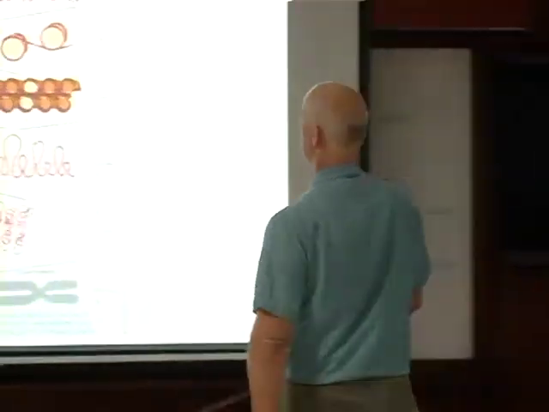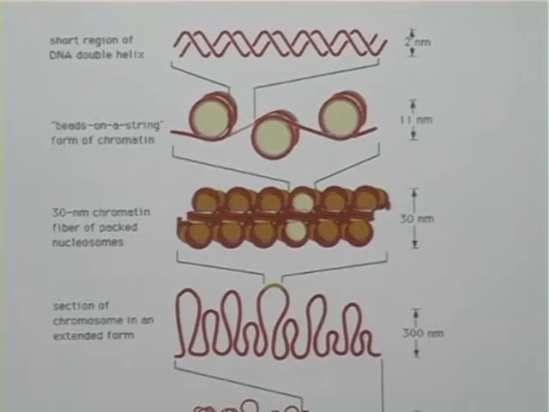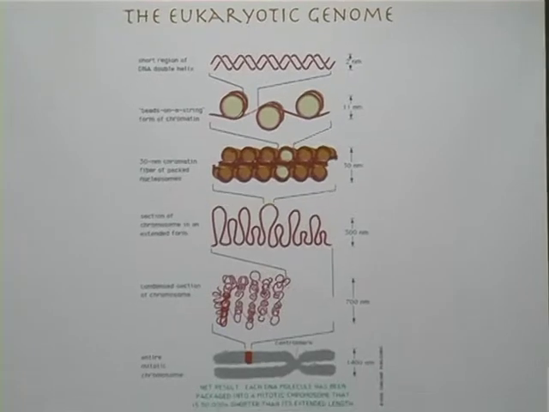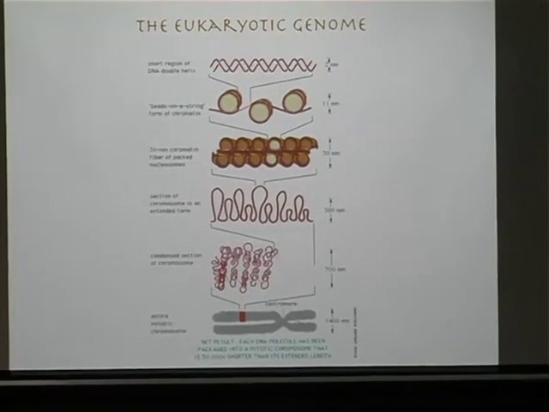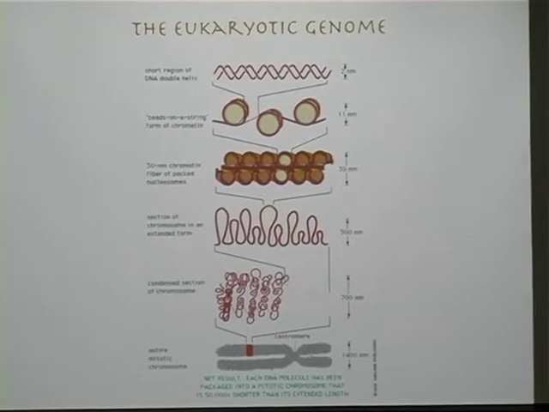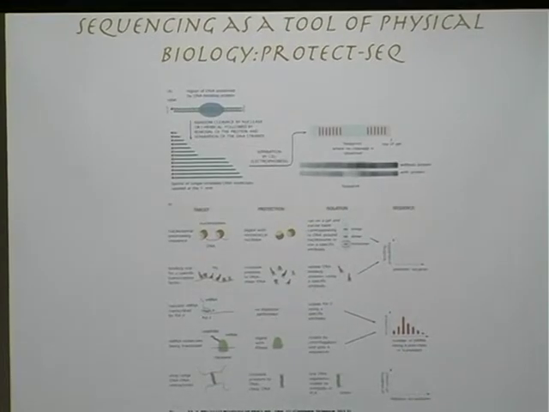So that's what a nucleosome is. And people are asking the question these days, what is the disposition of nucleosomes in genomes? In other words, is it random, or do the nucleosomes adopt particular conformations which maybe or maybe don't depend on sequence? So I want to use that as a way to introduce you to this protect-seek idea.